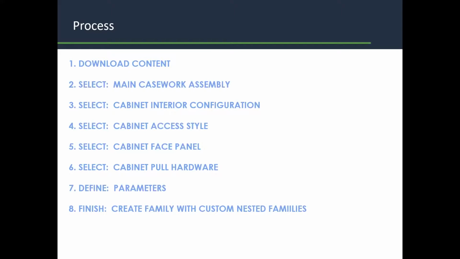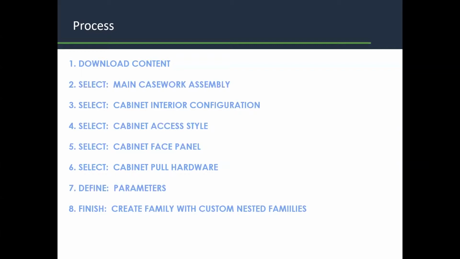Step 5 is to select cabinet face panel, and step 6 is to select cabinet pull hardware. So steps 3 through 6 are all fairly similar in the fact that you're ultimately selecting nested families that will be added into your main casework family selected in step 2. So these will also be downloaded from step 1.